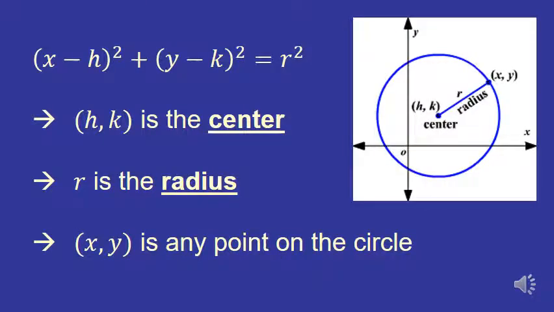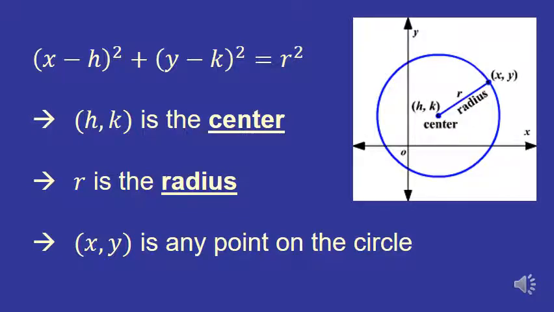The important thing about that formula is that the point (h, k) is the center of the circle. Now, if you look at the formula, it says x minus h and y minus k, and because of that, the formula always has opposite signs from what's at the center.